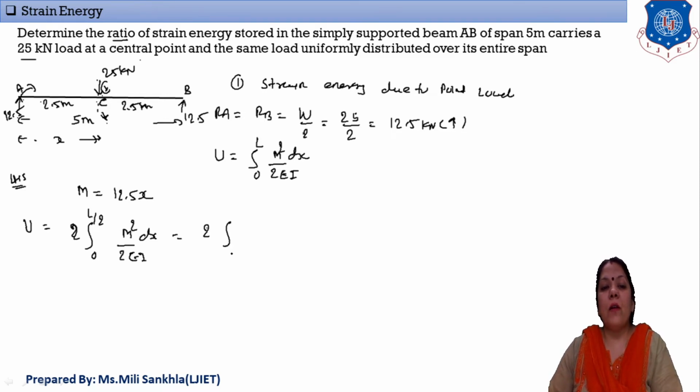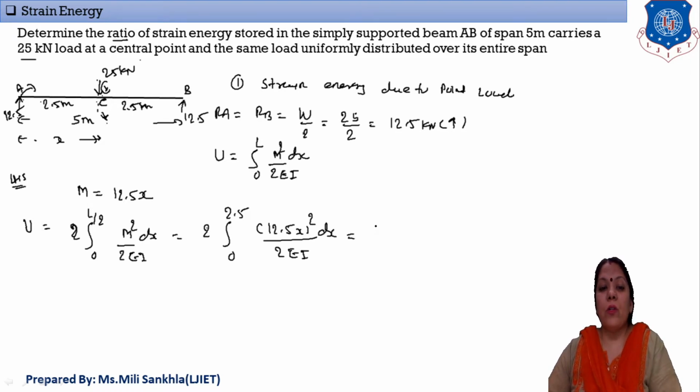Okay, now one by one. The limit of 0 to L by 2 means 2.5, and the equation of M is 12.5 x, so M square by 2EI into dx, with the factor 2. Now we integrate this term. 2EI is a common term, then 12.5 square, and the integration of x square is x cube by 3, with limits 0 to 2.5.